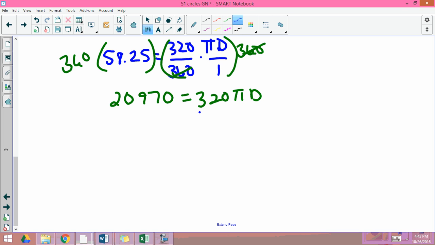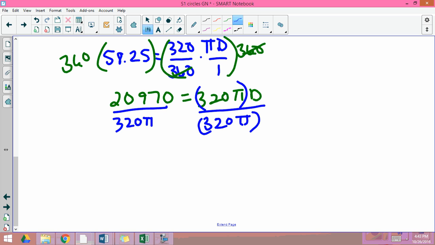Now you can divide both sides by 320 pi. Make sure you treat it as a single number and don't have an order of operations error. So our diameter ends up being 20.86, which means our radius is 10.43.